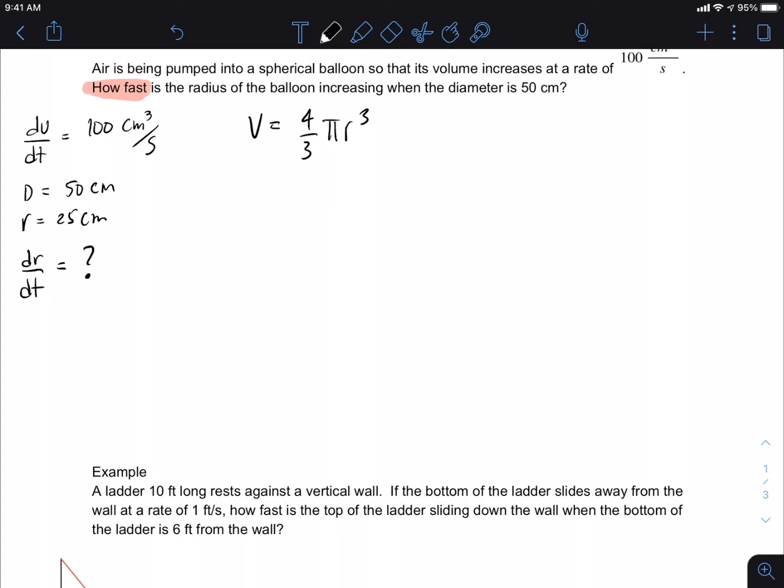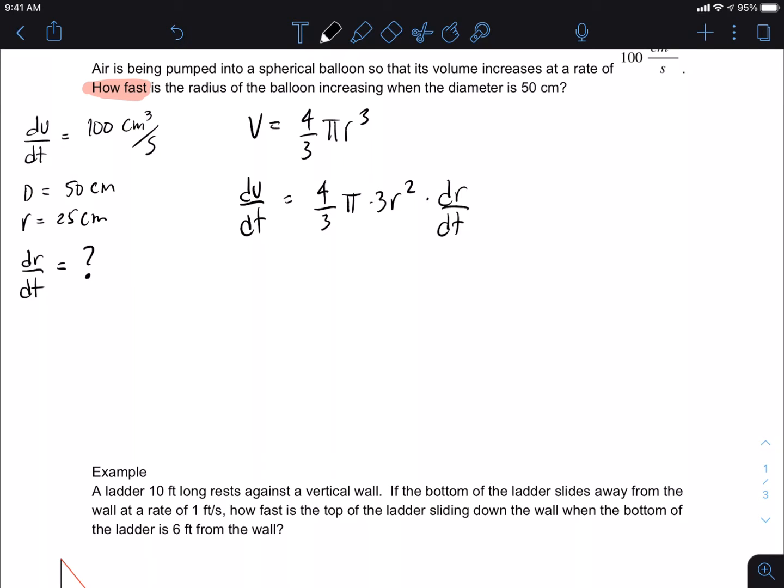So my dV/dt is the derivative of V, and that's equal to 4/3 pi times 3r squared, but then I need to multiply that by dr/dt because of the chain rule, right? The outside function was a cube, and now we have to take the derivative of the inside function, which is the r, but r is implicit because it's with respect to time.